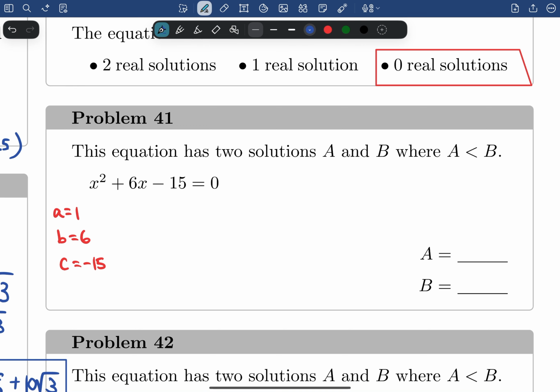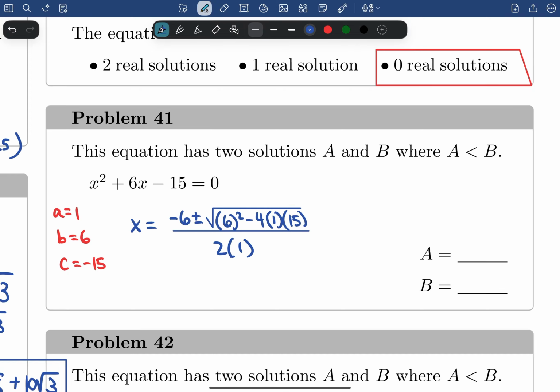And plugging that into the quadratic formula, I get x equals negative b plus or minus the square root of b squared minus 4 times a times c, and that's all divided by 2 times a.